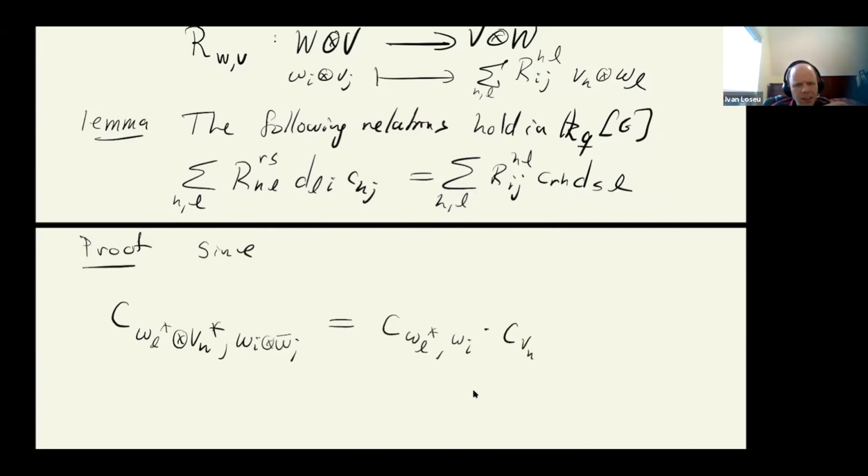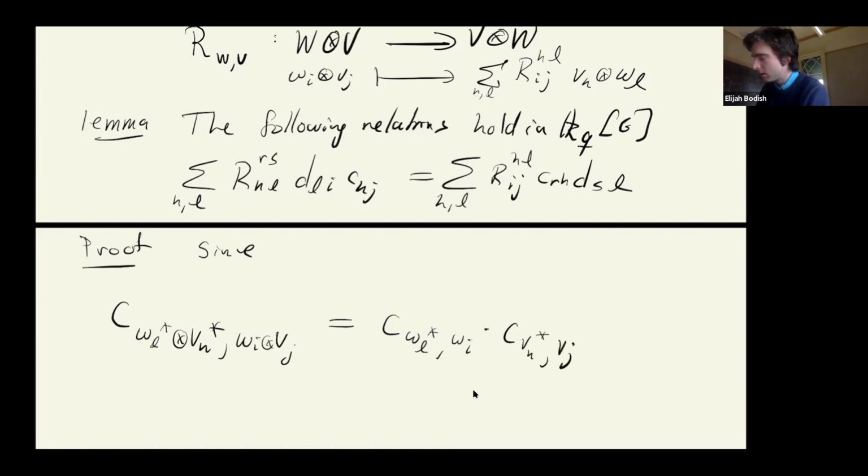W should be V. That should be V, J, and this should be V_H star V_J, and that's equal to, so my W's I rewrote as my D's, just to try to simplify things a little bit, and then my V matrix coefficients I wrote as my C's.